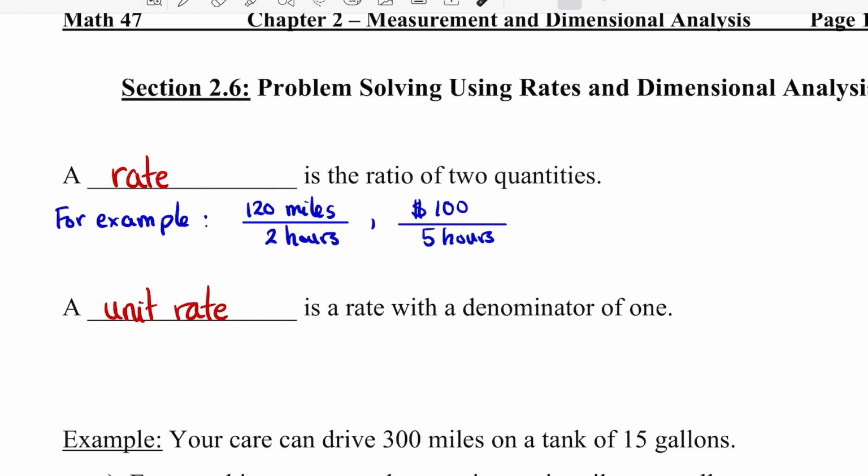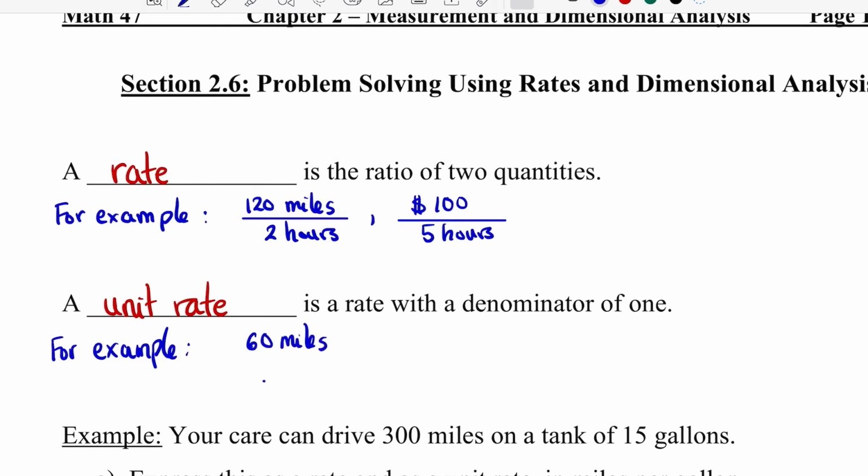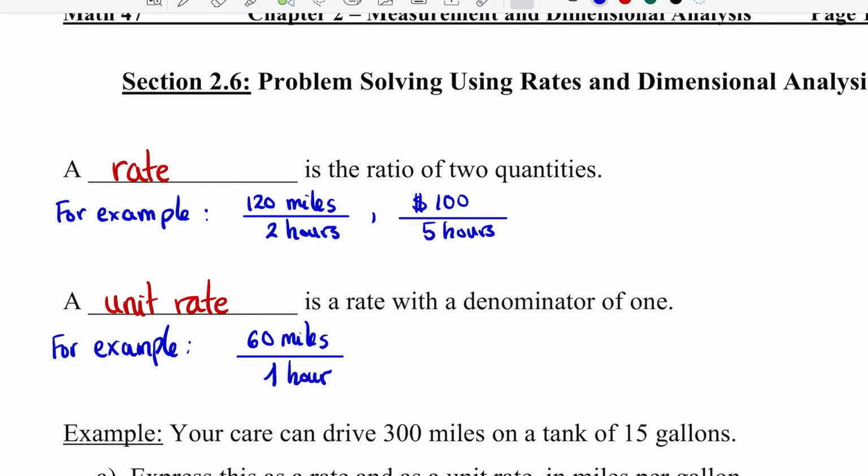A unit rate is a rate with denominator of 1. So for example, if I take 120 divided by 2, I get 60 miles over 1 hour. Or if I take 100 divided by 5, I get $20 per hour.